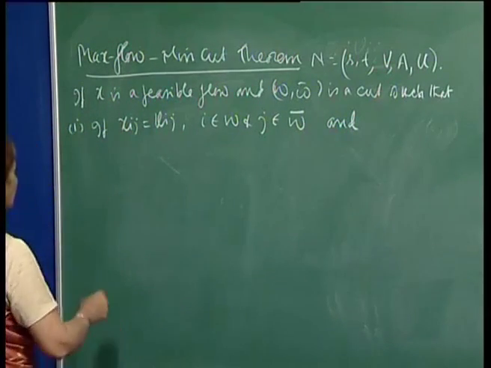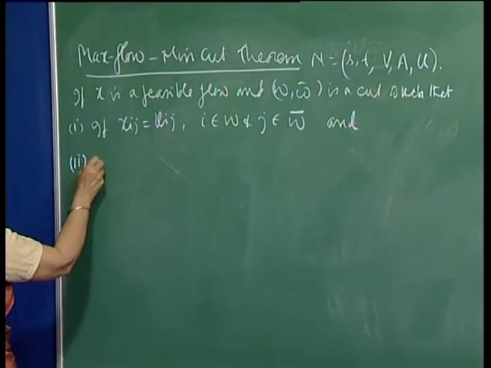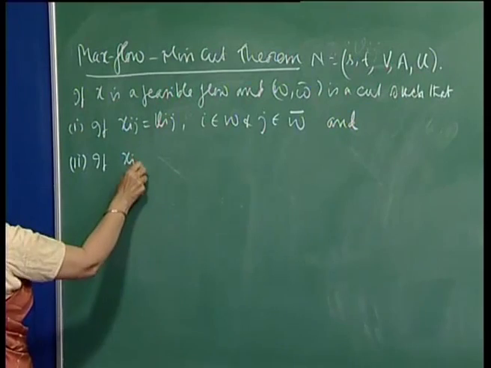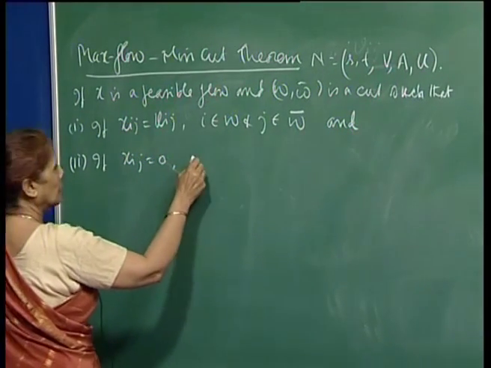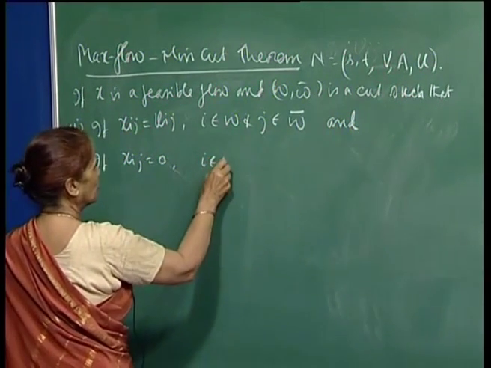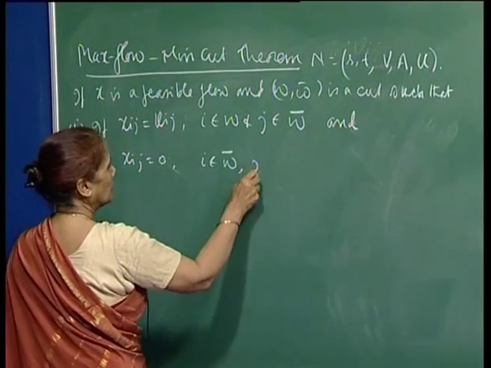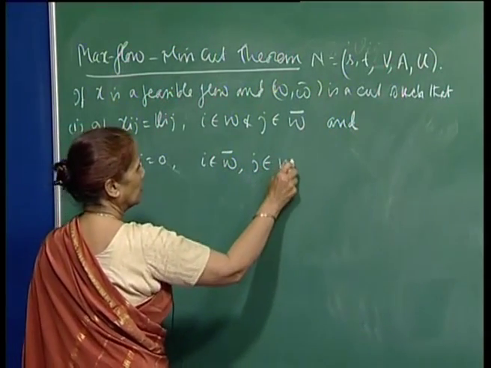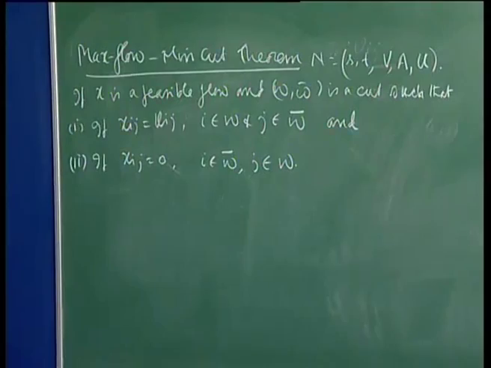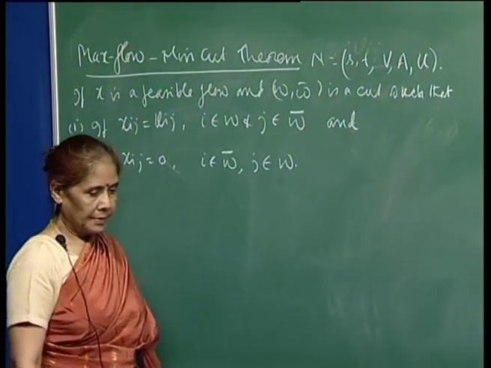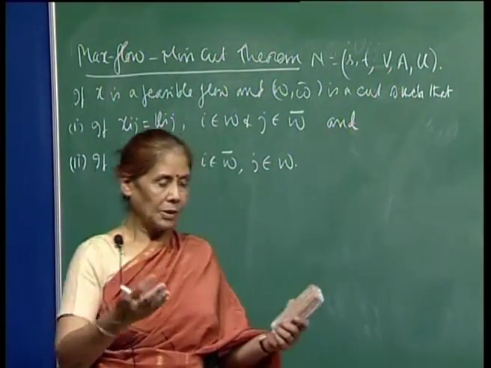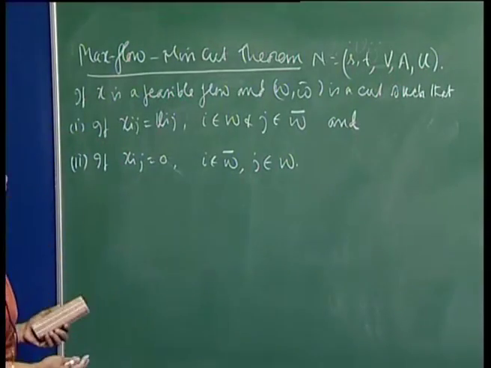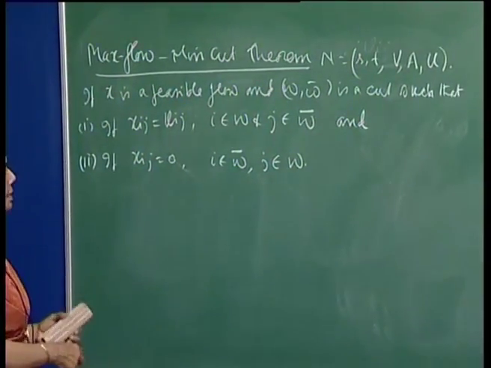Second condition: if Xij is 0, then i belongs to W bar and j belongs to W. That means when it is a backward arc with respect to the cut W bar, then the flow should be 0.